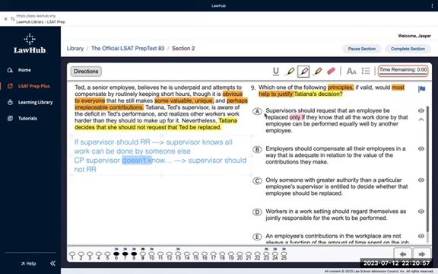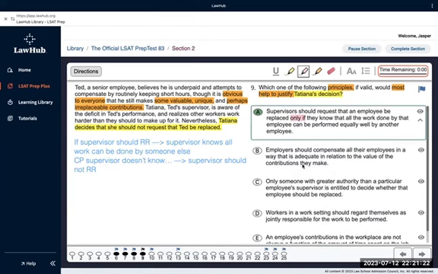So A should be the correct answer, because A would actually be a sufficient assumption that we could add. So if we added this principle, it would be sufficient to make the argument work. So there really isn't going to be anything else that's going to better help justify Tatiana's decision. So I would just go ahead and pick this one and move on. Okay.